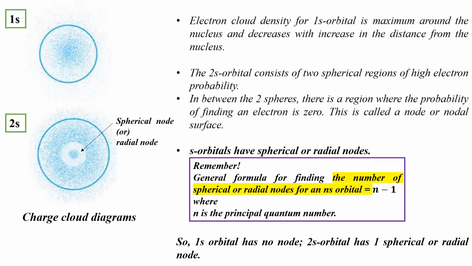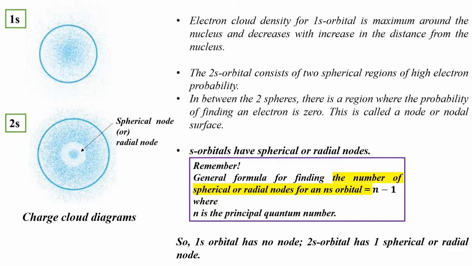S orbitals have radial nodes. Remember how we calculated the number of radial nodes for an ns orbital previously? We used the formula n-1 where n is the principal quantum number. I stress this because when we move on to study the shapes of p orbitals, you will be coming across yet another formula for calculating the number of radial nodes for an np orbital, which is different.